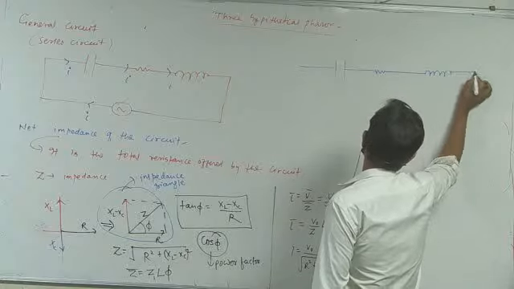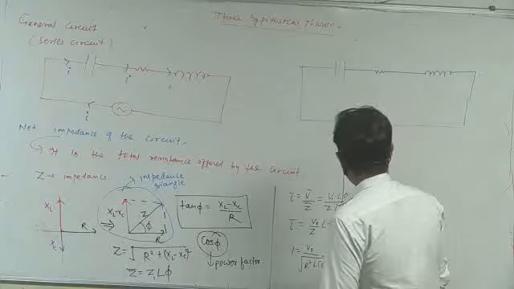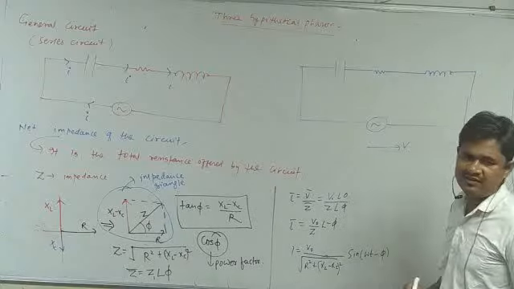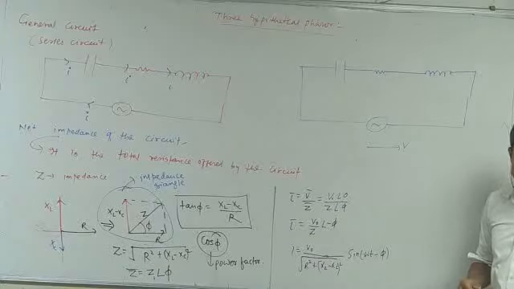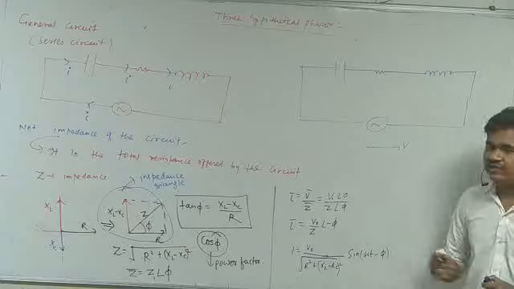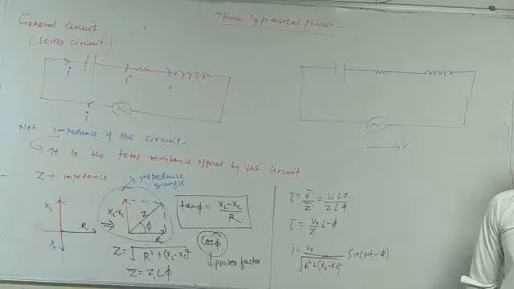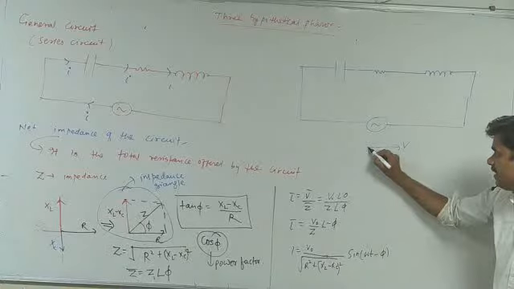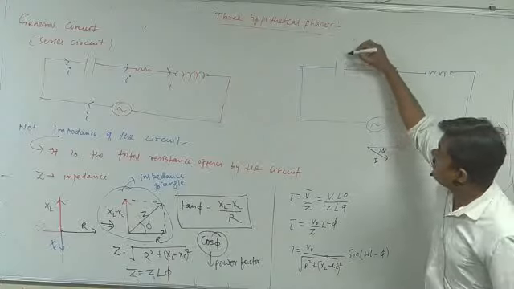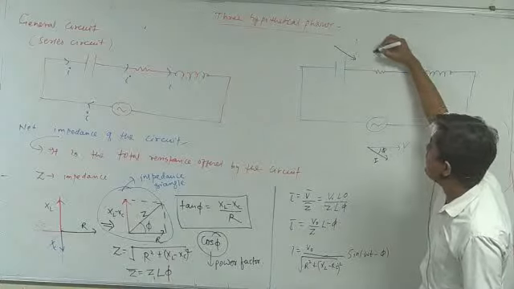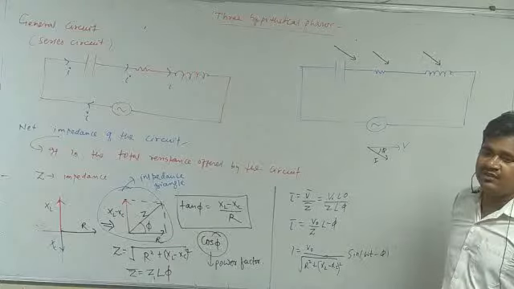Is that clear? Okay. Now if I show you the voltage and the current across each element of the circuit, here you will understand the role of these phasors. Voltage is in this direction. Current leads or current lags here? Current is leading or lagging? Minus phi. So current lags by how much angle? Phi angle. Current through all the elements of the circuit will be the same. Why? Because they are in series.